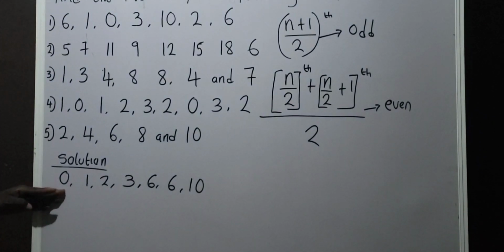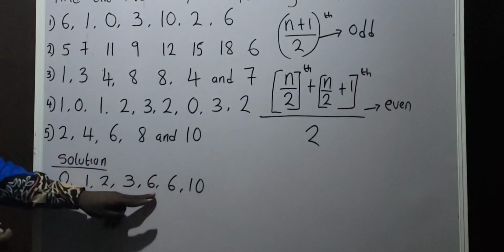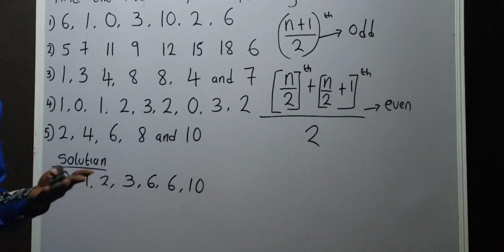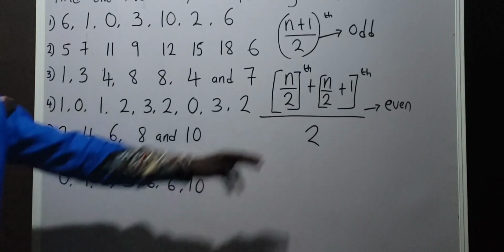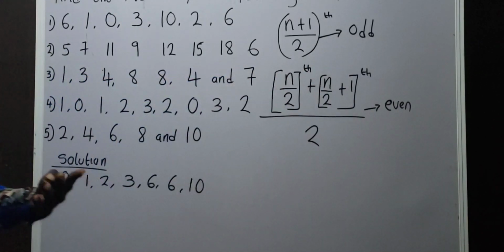Let's count the elements to know which formula we are going to use. Let's count: 1, 2, 3, 4, 5, 6, 7. Now I want to ask you, is 7 an odd number or an even number? Yes, 7 is an odd number. So I'm going to use this formula to determine my median term.